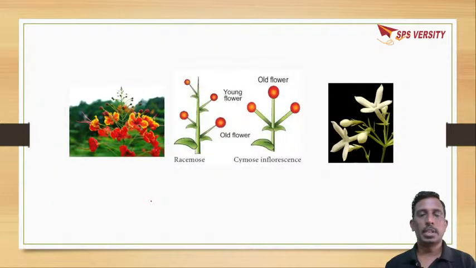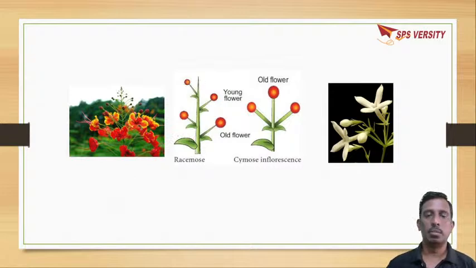आप picture में देख रहे हैं racemose और cymose inflorescence का डायग्राम. So this is called peduncle, the stalk of the inflorescence. On the peduncle we are seeing small structures.